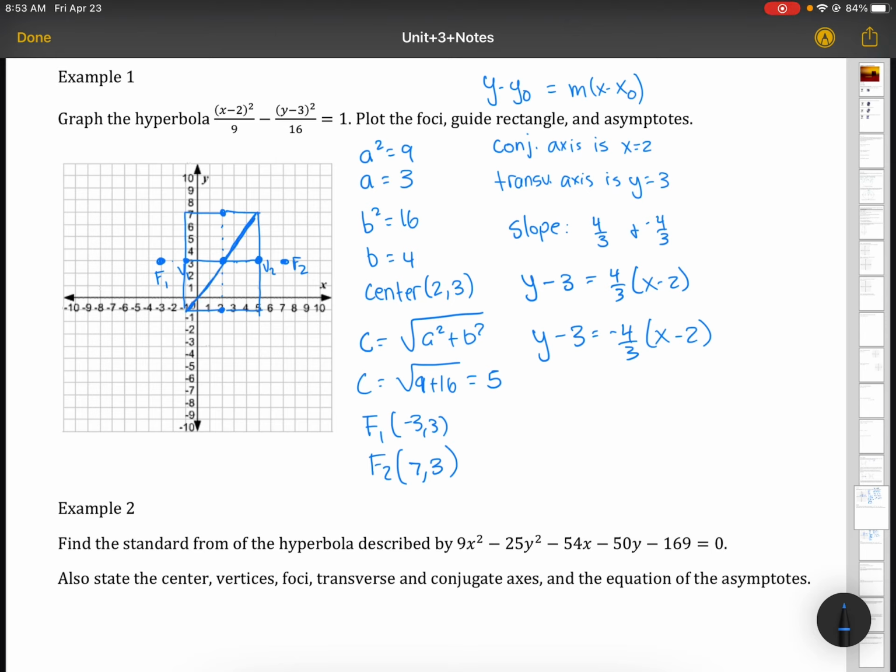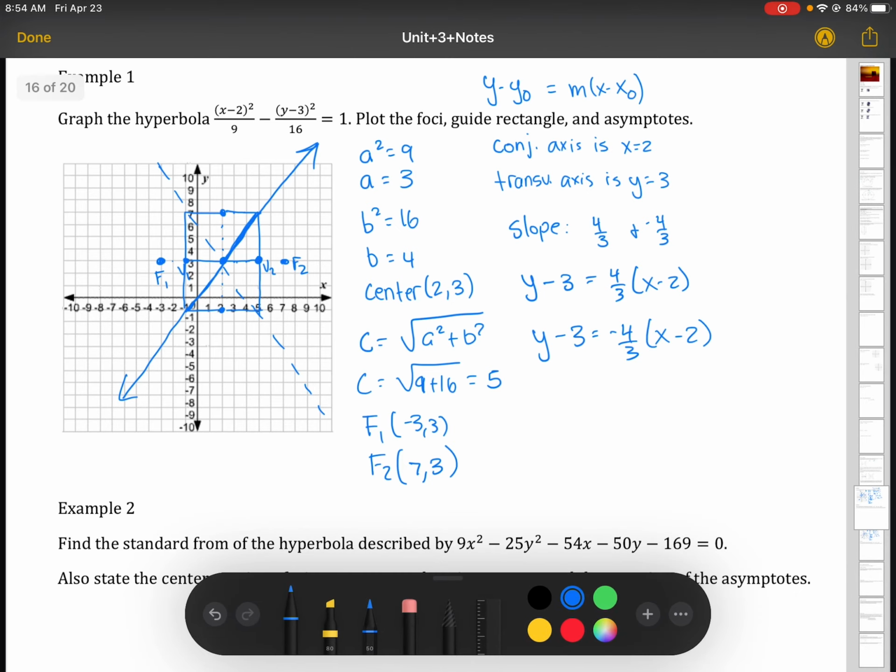So right now we're graphing the positive 4/3 x minus 2 one, and it's going to look something like this. And then our other, you know what, I actually should do these in dashed lines because they're asymptotes. So let's draw it like that. Let me take out part of it, so we'll make it a dashed line so that it looks like an asymptote.